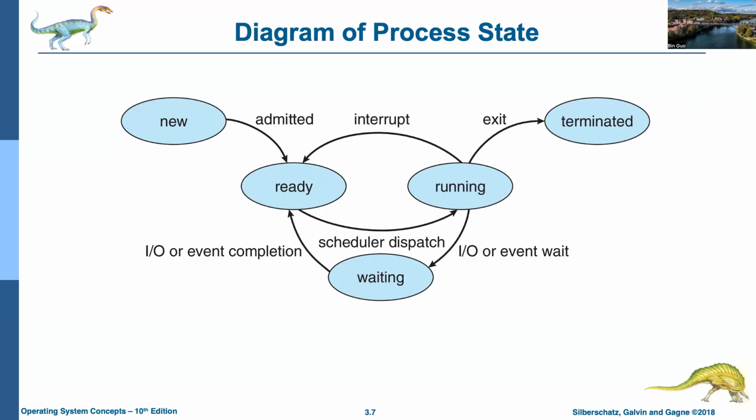There are lots of software interrupts. A system call is kind of an interrupt. It goes from running to ready. And some errors, like when allocating memory the memory is not enough, are also a kind of interrupt.